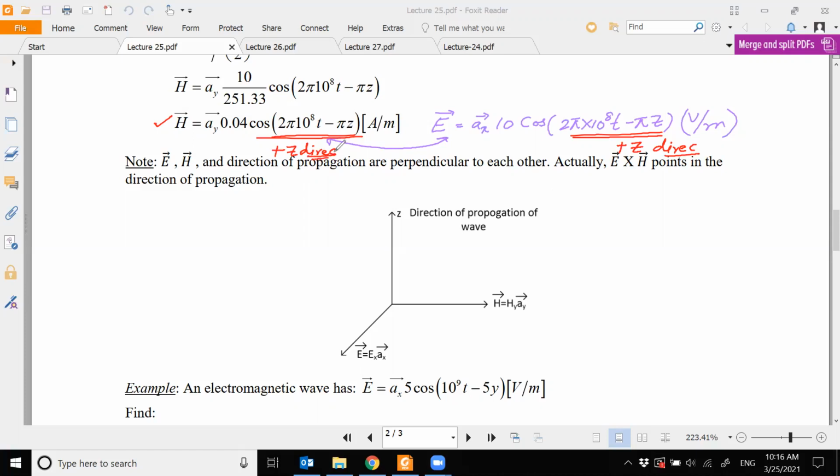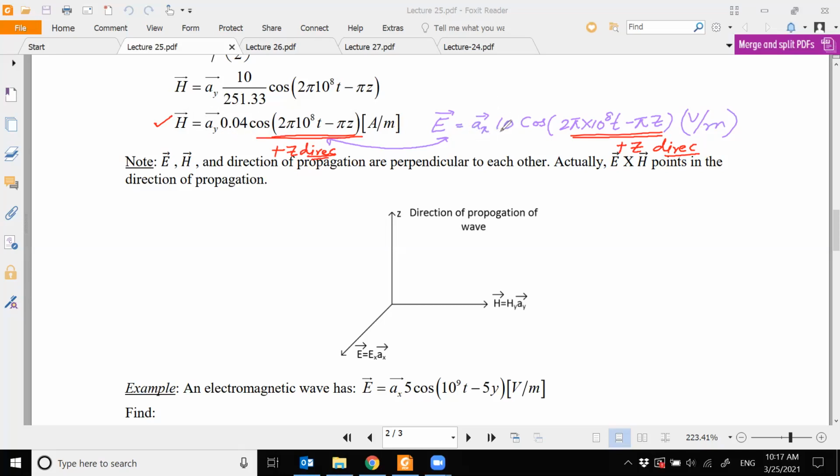Now, if we look at the direction, which is z, and look at the vector of H and the vector of E, what do we conclude? We conclude that your direction of propagation is always perpendicular to your field vectors.